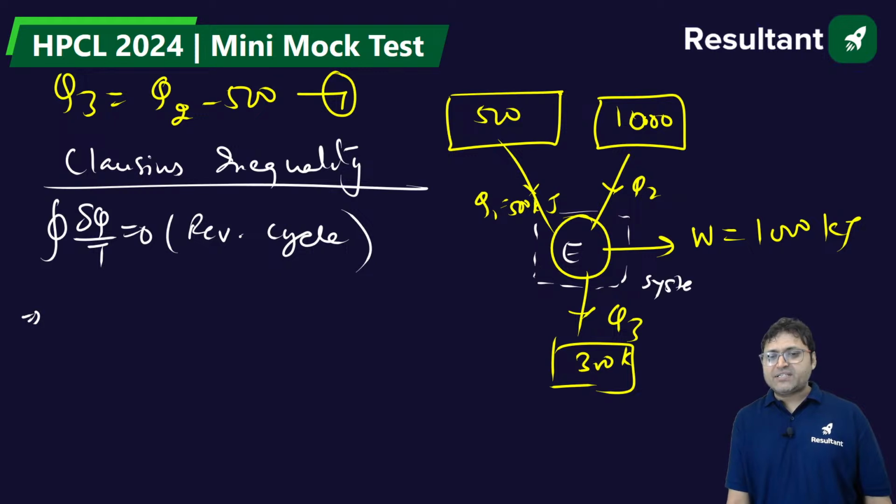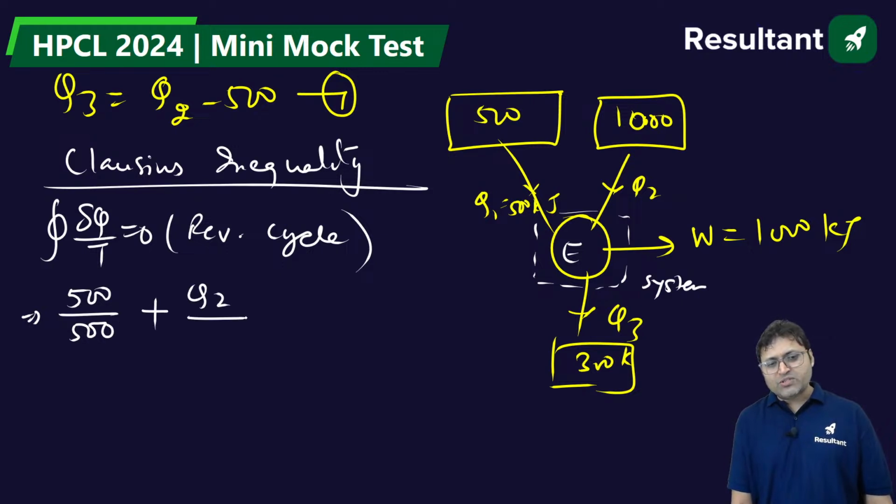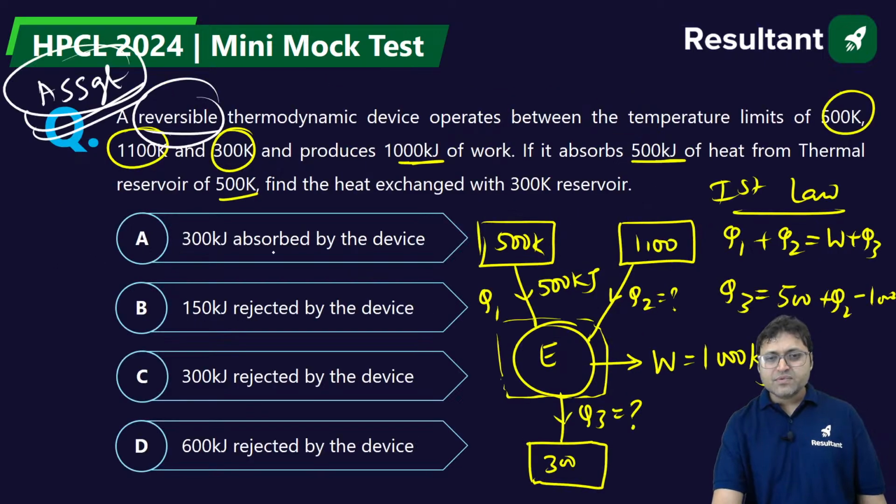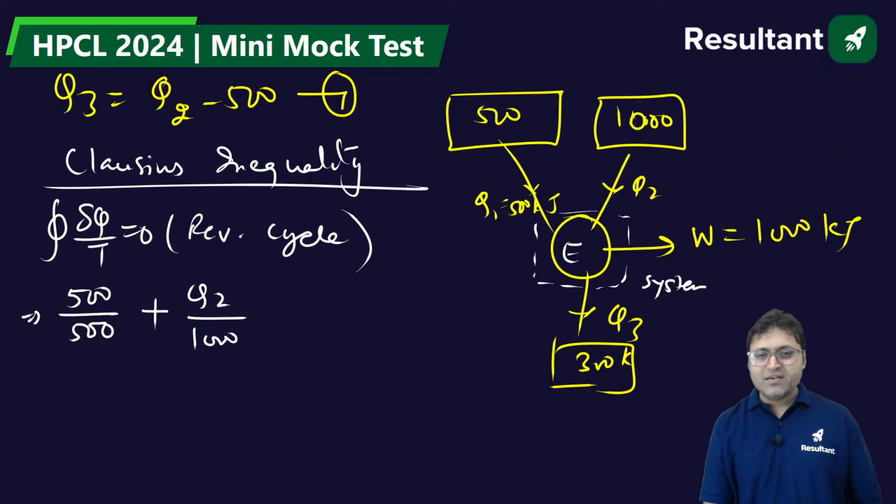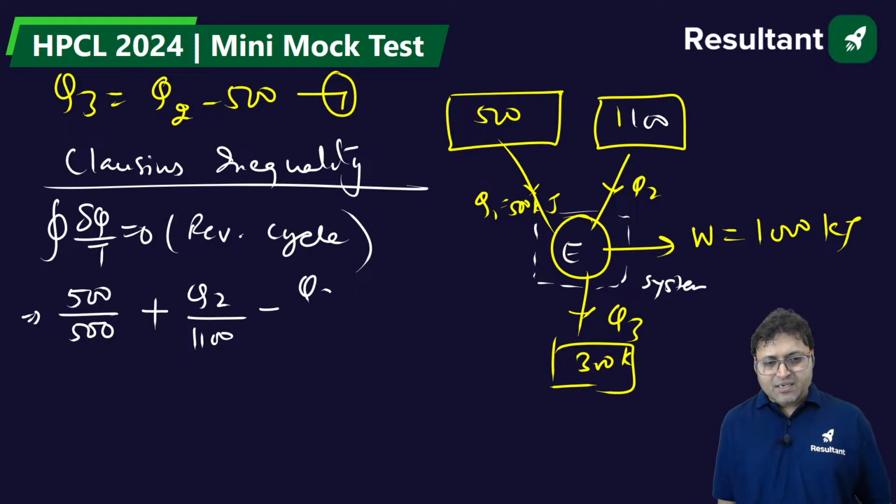So it will be 500 divided by 500 plus Q2 upon 1100 Kelvin, it is at 1100 Kelvin, so Q2 by 1100, minus Q3, because heat is rejected, upon 300 is equal to 0.